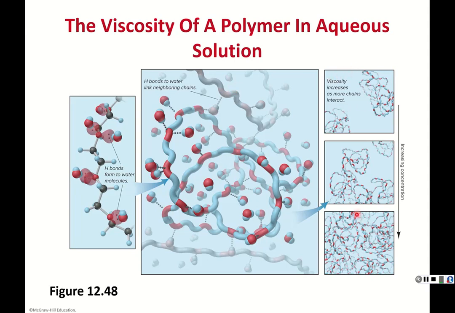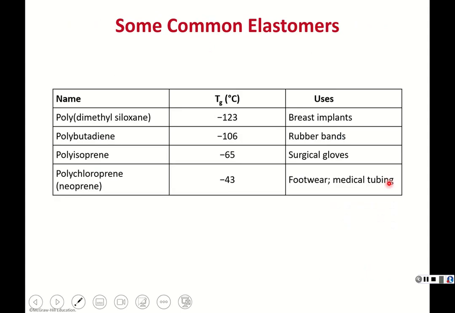So if you can have that type of interaction, this would increase the viscosity quite a bit. There's also things called elastomers, which are like polymers, but they have an elastic sort of property to them. Some names of them are shown here, and their uses.